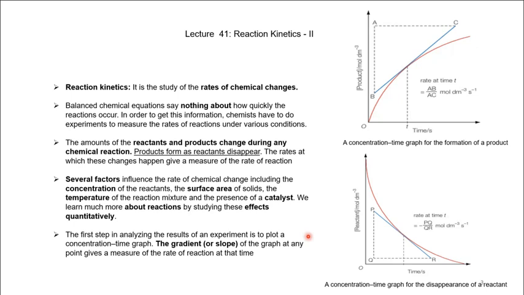Here, what we are doing is showing reaction kinetics in very simple language. If we say what is reaction kinetics, we will say the study of rates of chemical changes. That is what reaction kinetics is. We have been seeing that we use a balanced chemical equation to show what the reactants and the products are and how we balance the reaction.